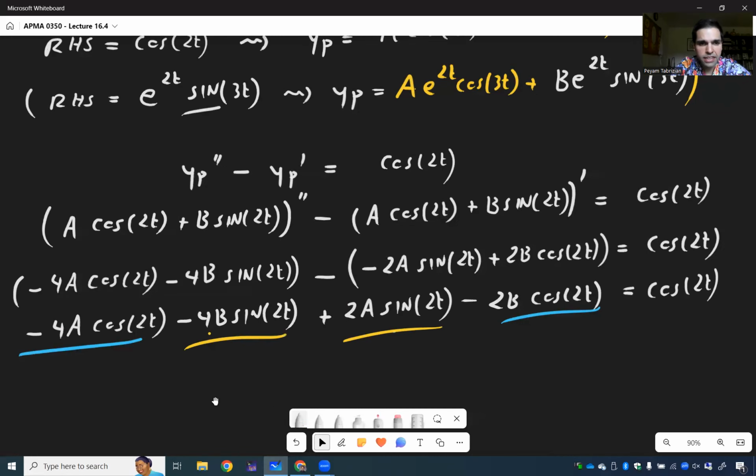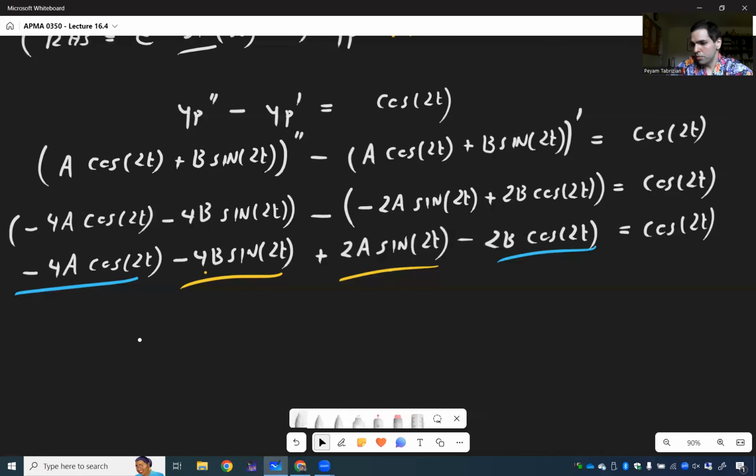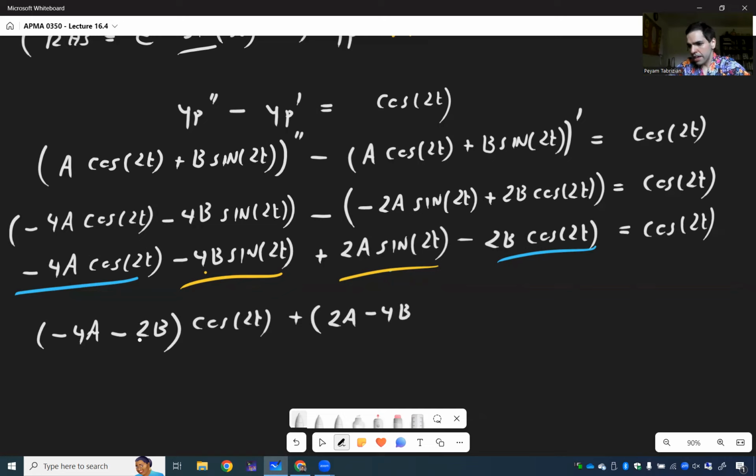So in the end this becomes (minus 4a minus 2b) cosine of 2t plus (2a minus 4b) sine of 2t.